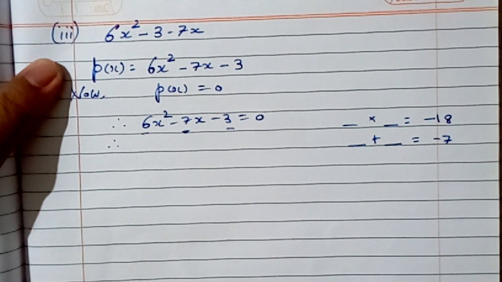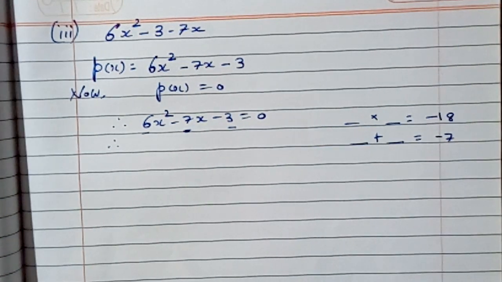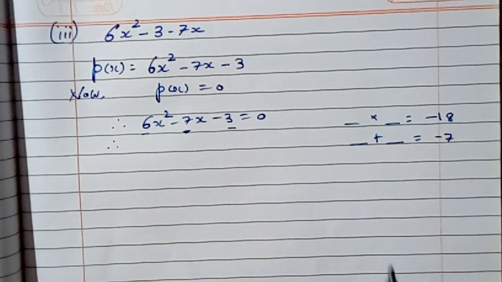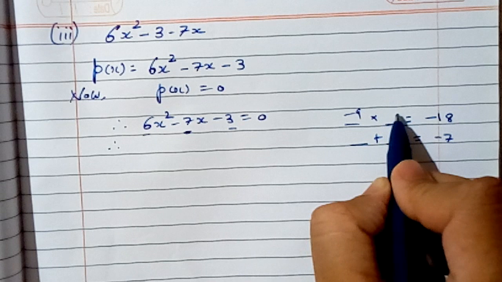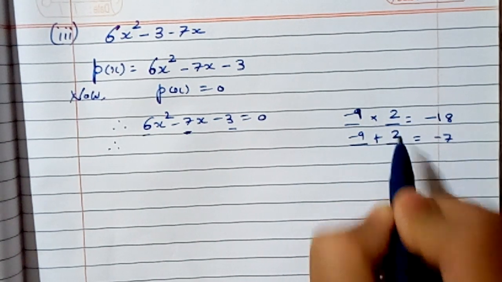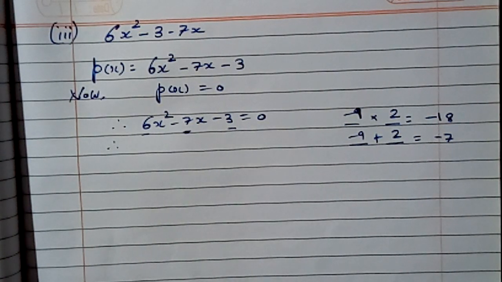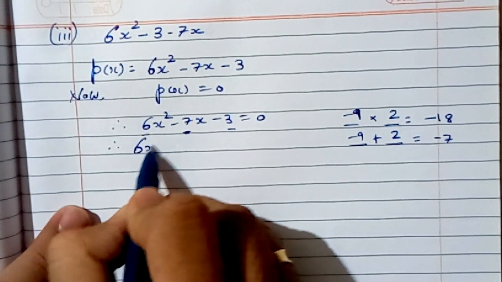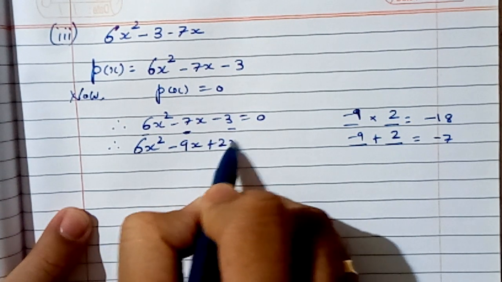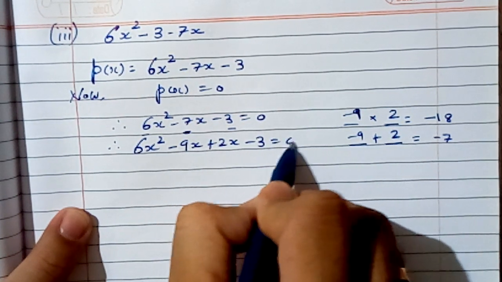So you can think, now we are getting here 9 2s are 18, but we require minus 18. So minus 9 2s are, minus 9 plus 2 is minus 7. So they are the correct parts. We write 6x square minus 9x plus 2x minus 3 equal to 0.